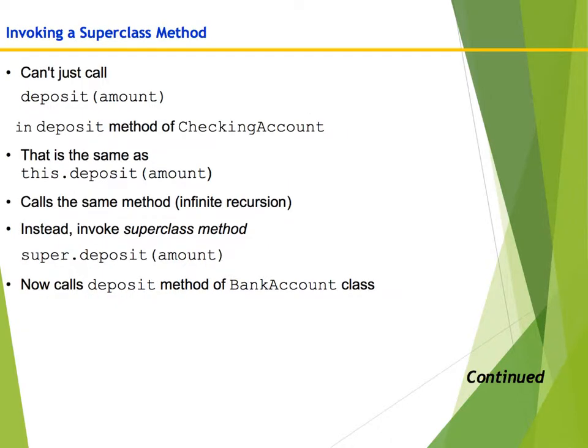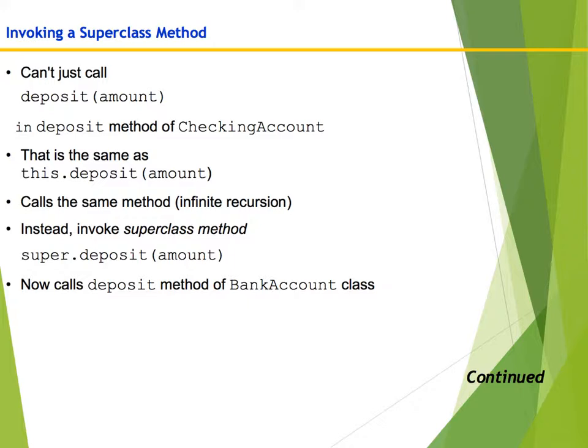In order to solve this issue, we can simply invoke a superclass method. In this case, we can invoke the bank account's deposit method, but you cannot just call deposit method in deposit method of checking account. So you cannot call the same method name inside the body of the method. That would be considered as a recursion. We'll talk about recursions later.